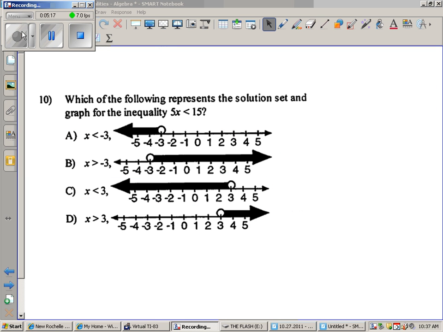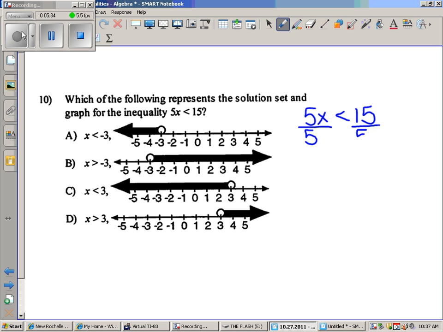Let's do this one. We've got 5x is less than 15. Divide both sides by 5. You get x is less than 3.